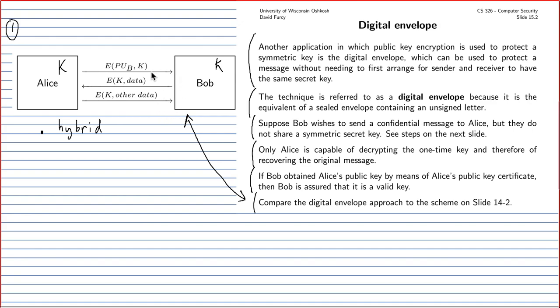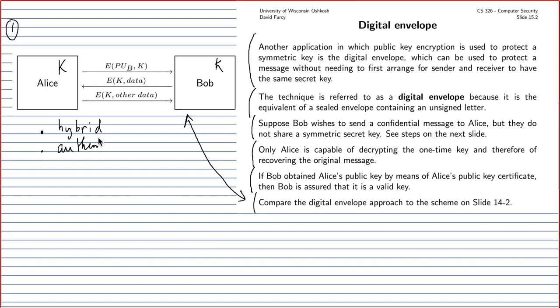So in that sense, this is a hybrid protocol, and of course, so is the digital envelope mechanism, since we use the public key of the receiver to encrypt the symmetric key, and then we use the symmetric key to encrypt the message. All right, so in that sense, they are both hybrid.